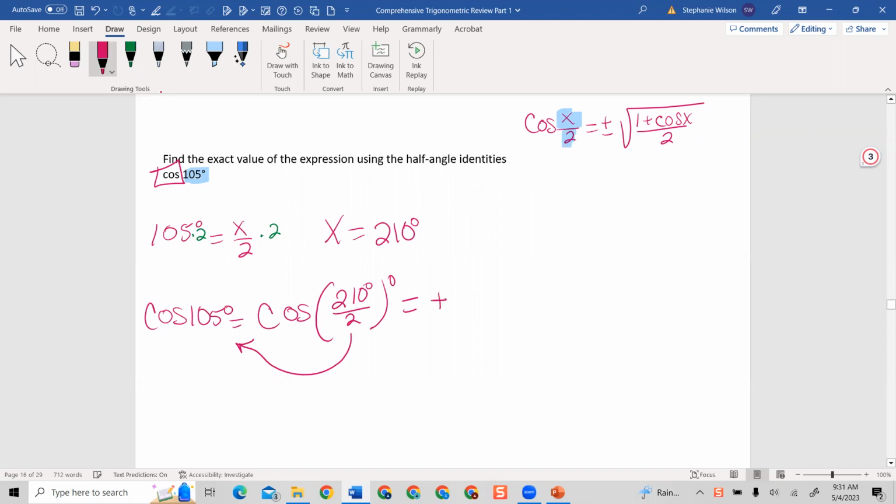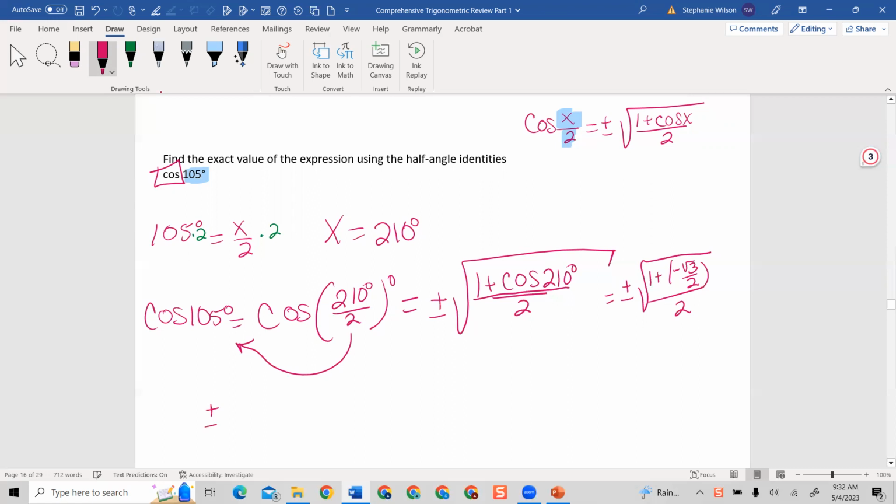So now it's going to equal plus or minus the square root of 1 plus cosine of 210 degrees divided by 2. So I'm going to clean it up. Well, cosine of 210 degrees is going to be negative square root of 3 over 2. We're going to do a little bit of basic math to clean this up.